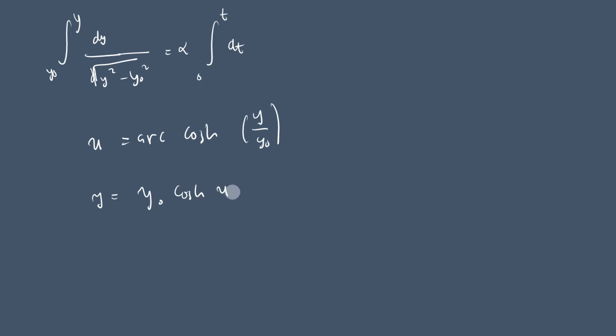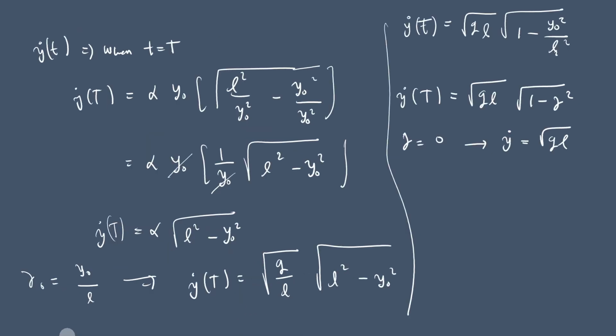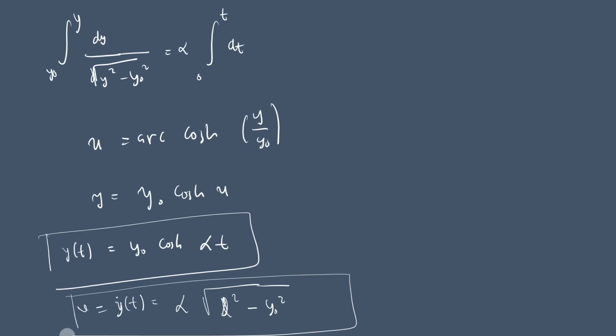So we arrive at y as a function of time equals y0 cosh alpha t, and we get the velocity y dot as a function of t, alpha times the square root of L square minus y0 square, which is the same value as the first method. That's the solution of the third problem.